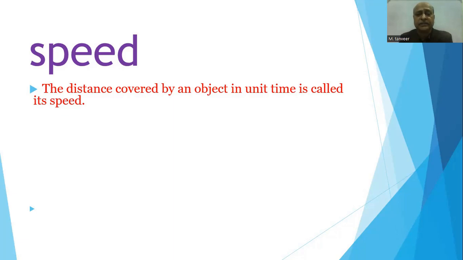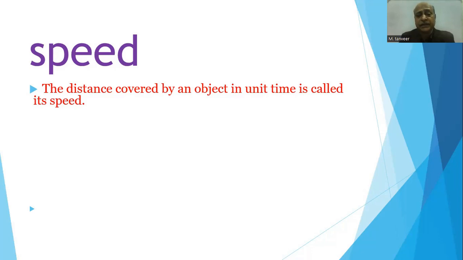When there is a short distance, for example, you are moving in a room, then you will measure your time in seconds. So distance traveled from one wall to another wall in 1 second is called speed. When you go from home to market, then distance covered in 1 minute is called speed. When you are going from one city to another, then distance traveled in 1 hour is called speed.